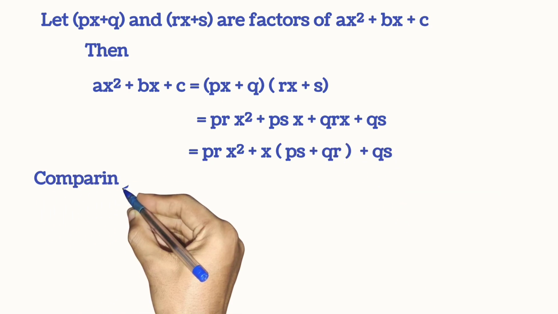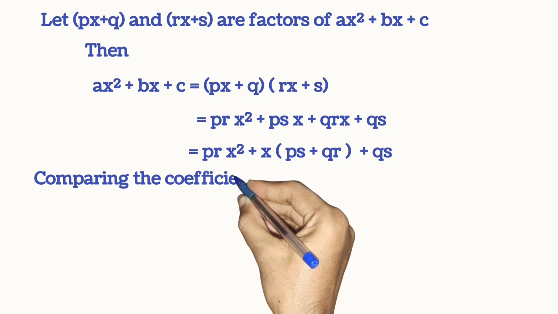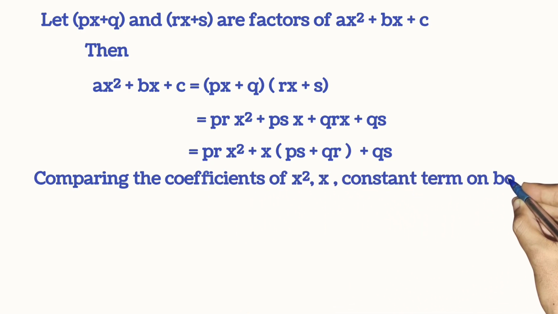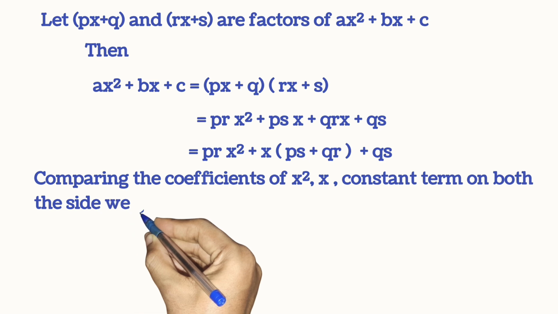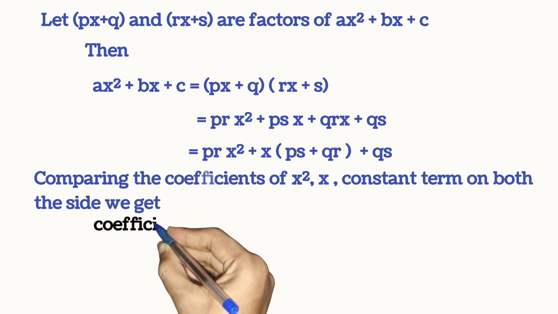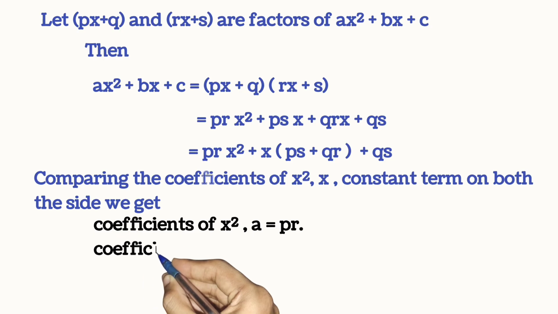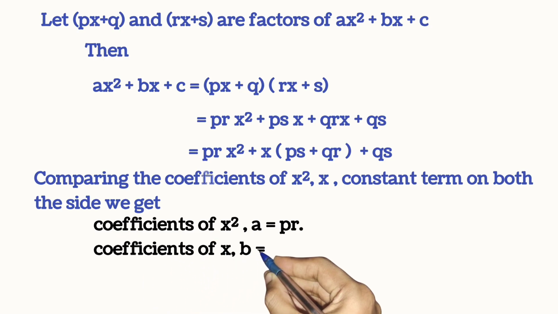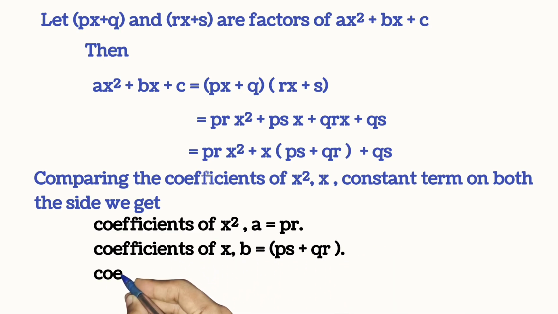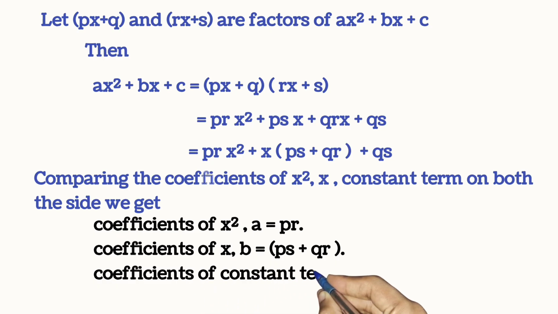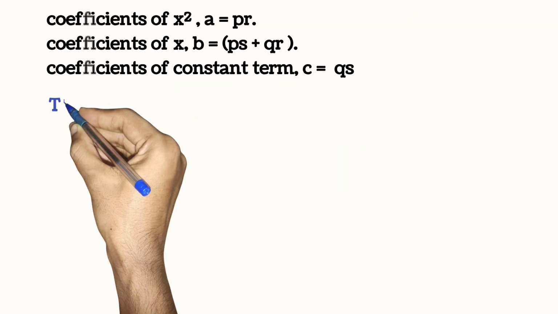Now comparing the coefficients of x square, x and the constant term on both sides, we get: coefficient of x square, a equal to pr; coefficient of x, b equal to ps plus qr; and the constant term c equal to qs.